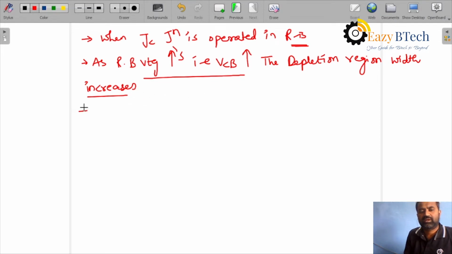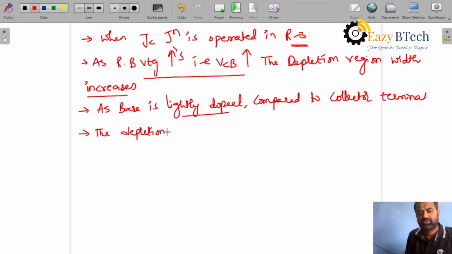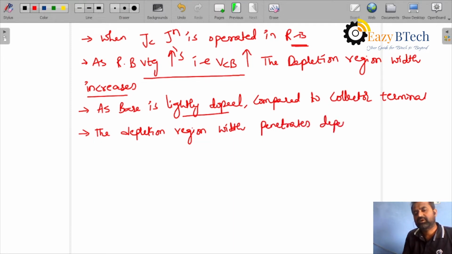Now you can say, as the base is lightly doped compared to the collector terminal, the depletion region width penetrates deeper inside the base width.